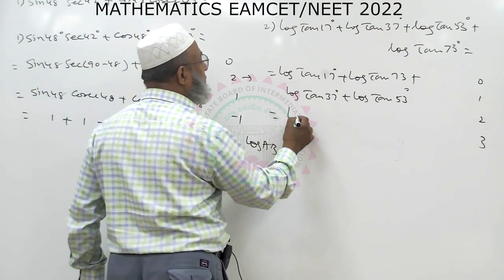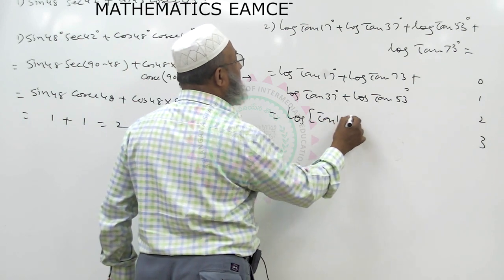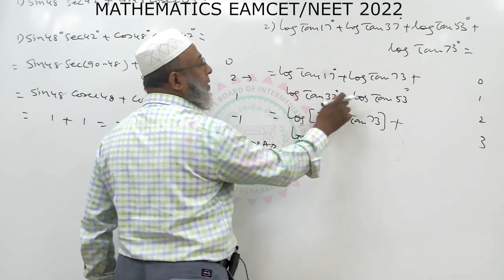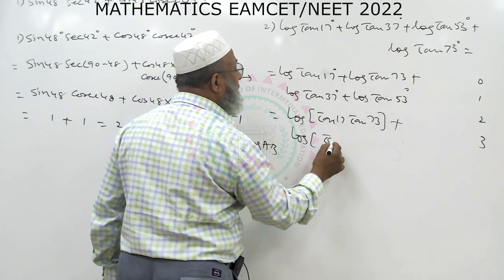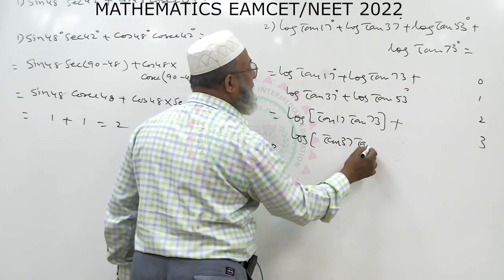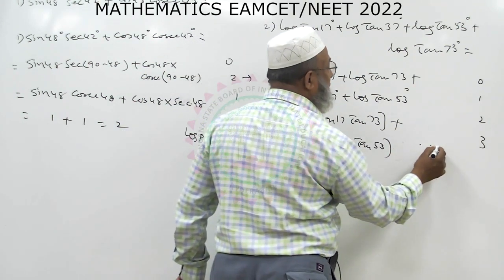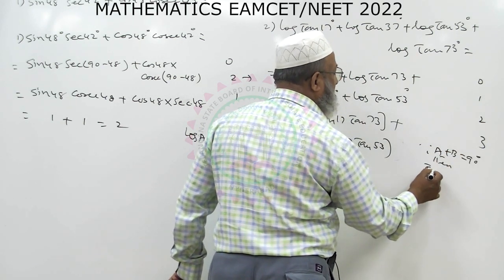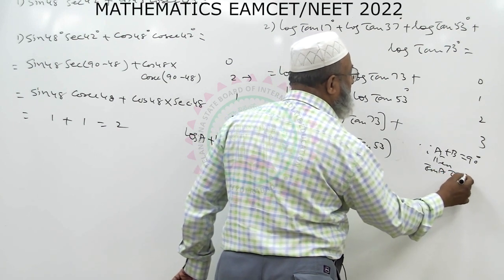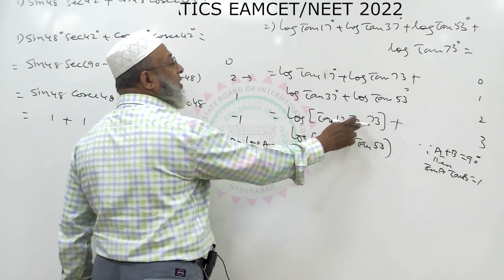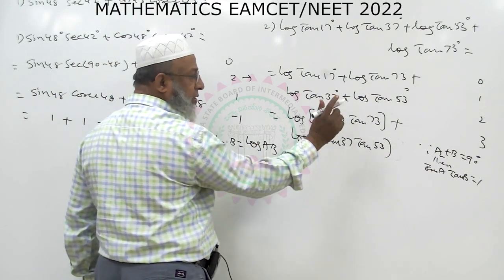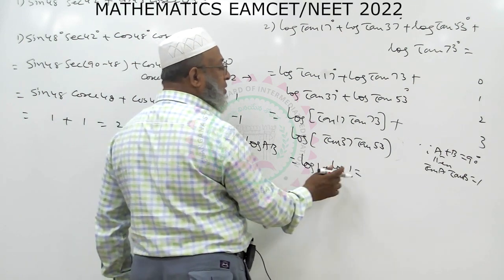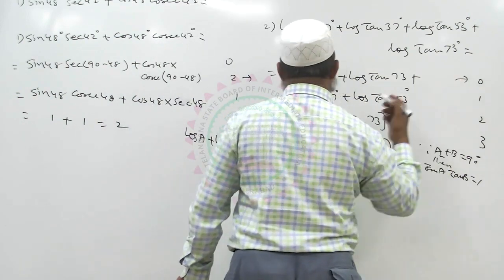So log of tan 17 into tan 73 plus log of tan 37 into tan 53. So we know that if A plus B is equal to 90 degree, then tan A into tan B is equal to 1. So this is log 1 plus log 1. Log 1 is equal to 0. Therefore, the answer is 0.